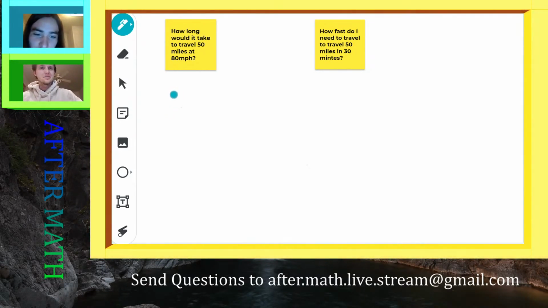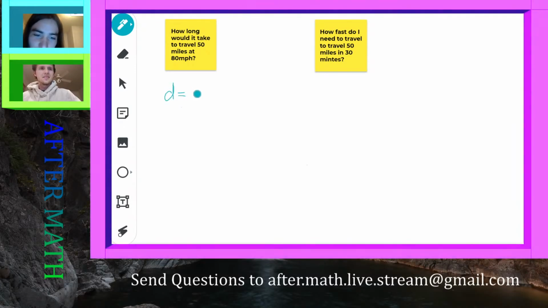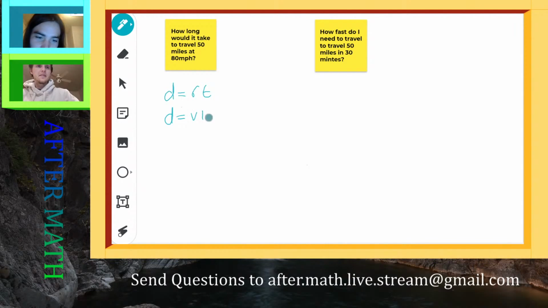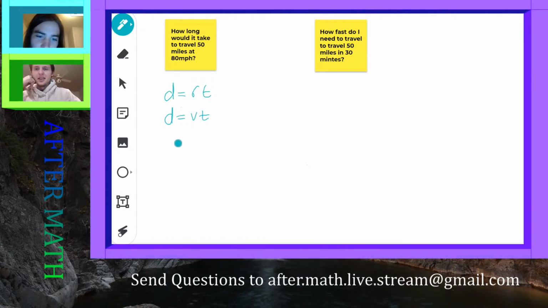So our equation is distance equals rate times time, or another way to say it is distance is equal to velocity, which we'll use as a v, times time.